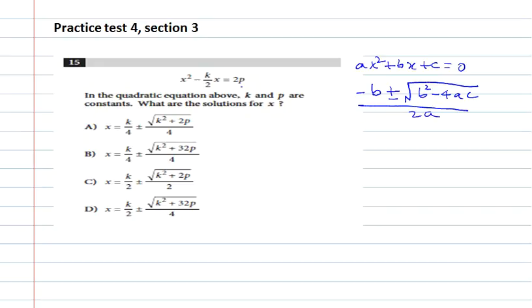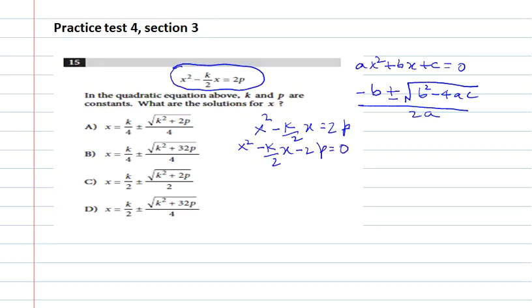So now let's convert the original equation that's given to us back into this form. You have x square minus k over 2x equal to 2p. So we subtract 2p on both sides, and you get x square minus k over 2x minus 2p equal to 0.